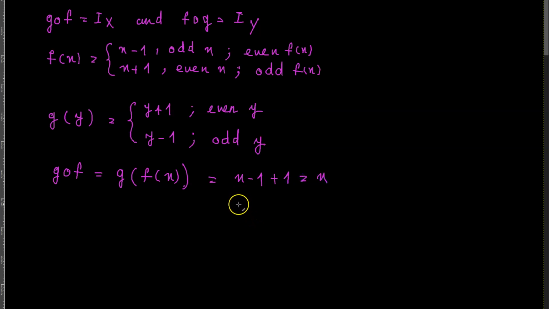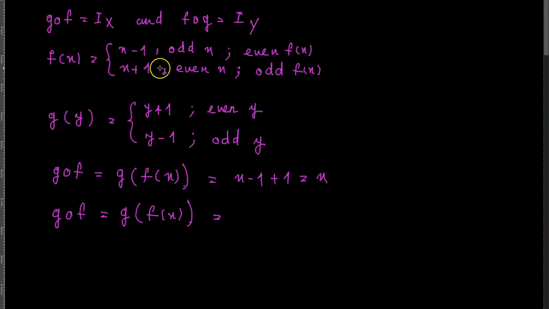On the other hand, there is another possibility for me, meaning that I can write g∘f of x, and that is again equal to, of course, g of f of x, and I can use this part of g of y, which is y minus 1. But this time I need an odd y, which means an odd f of x here.